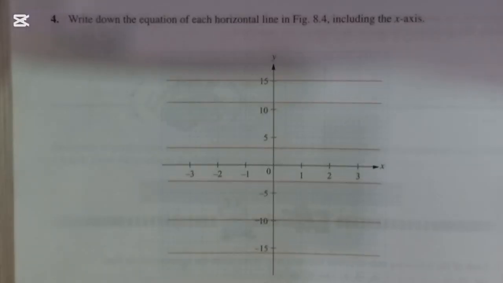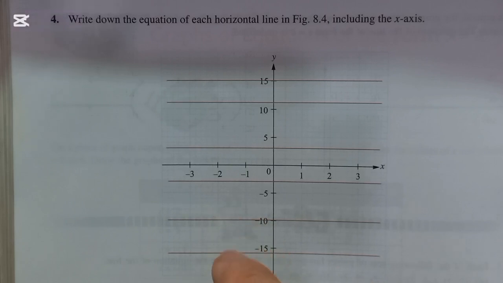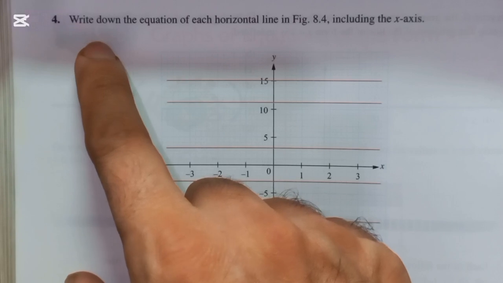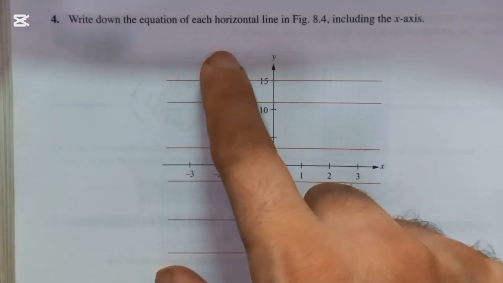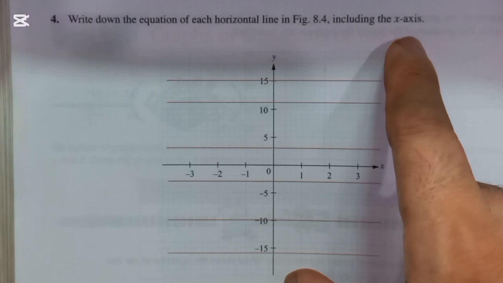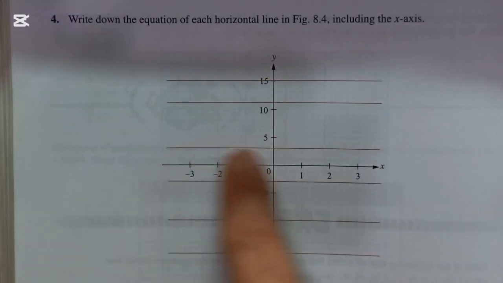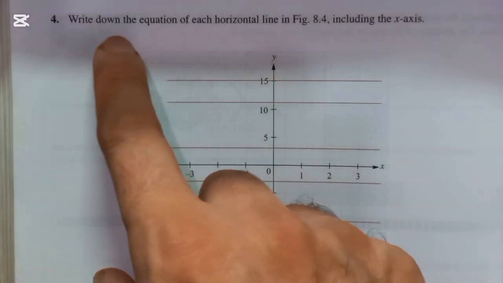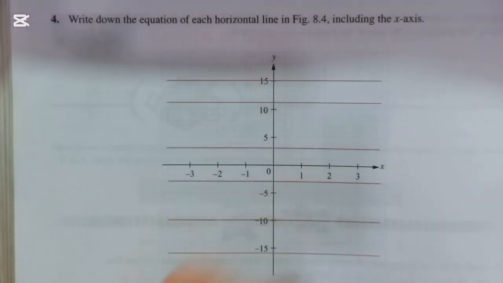So concentrate yourself. We are going to do a question of Paper 1 type. This type of question normally comes in the paper. Write down the equation of each horizontal line in the figure, including the x-axis. So here are a lot of lines including the x-axis, so you are required to write down the equation of each horizontal line.